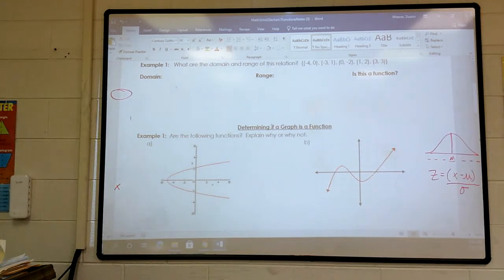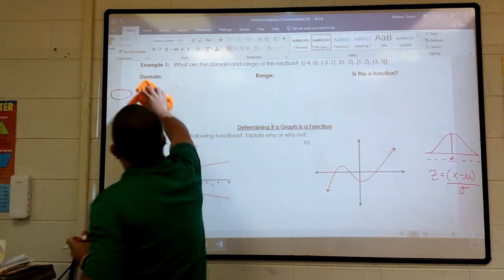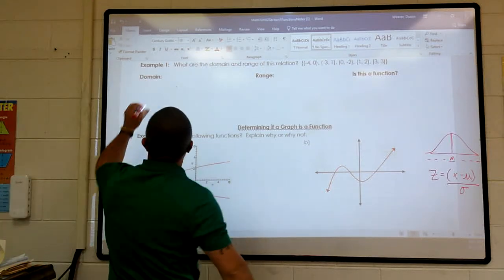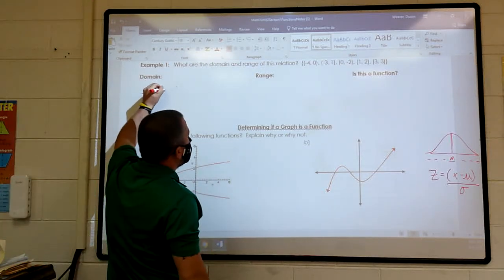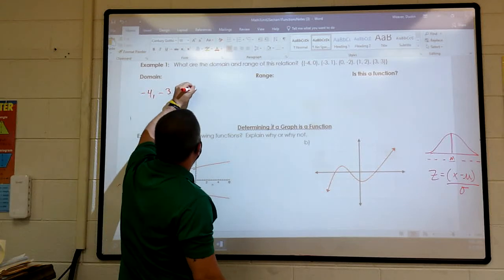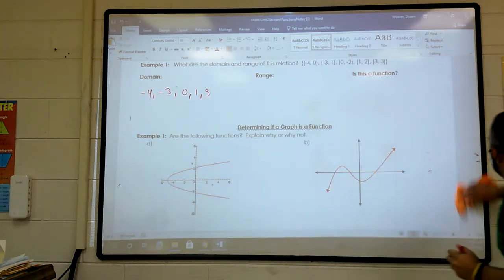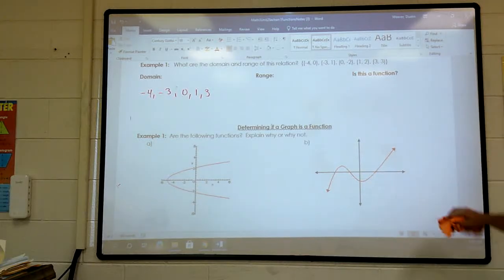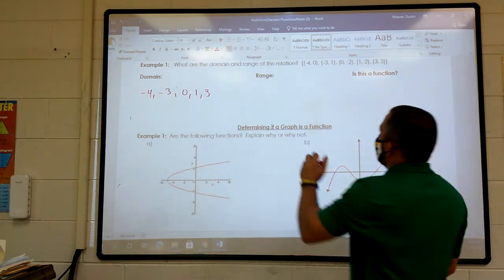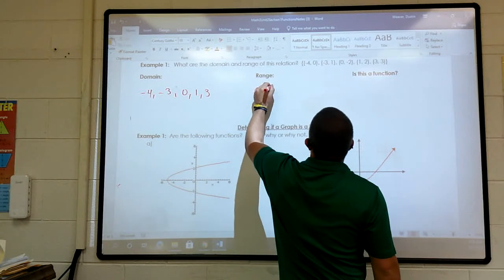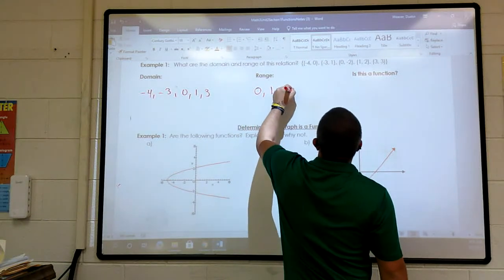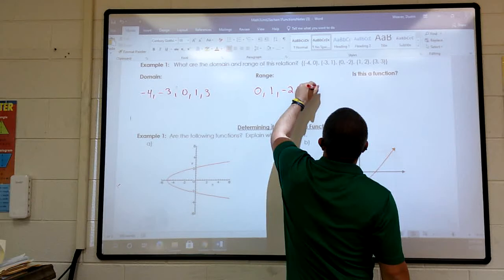So the domain on this one would be -4, -3, 0, 1, and 3. So it's going to be all of your x values. That's your domain. So then your range is going to be all of your y values. So in this case, that would be 0, 1, -2, 2, and 3.